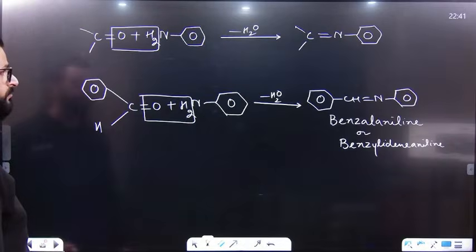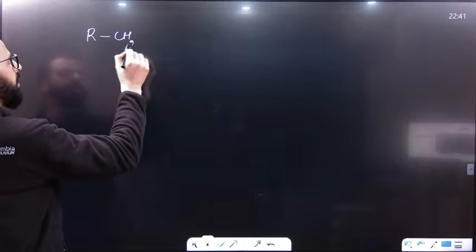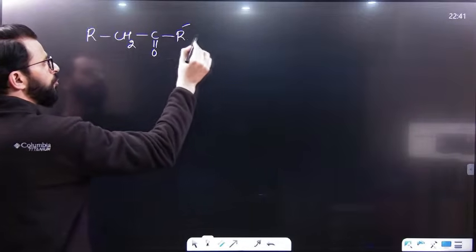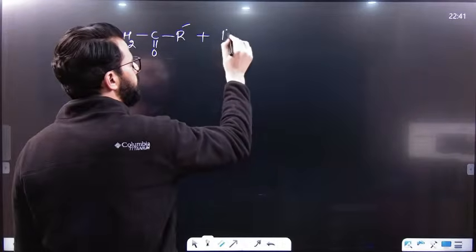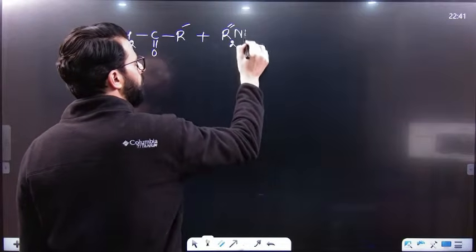Okay. After that, remember, if we have an aldehyde or a ketone and we want to react this aldehyde or ketone with a secondary amine, have a look.